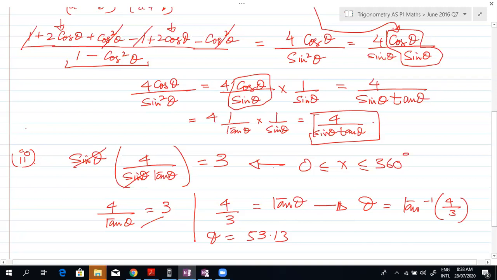Now remember, this tan equation is basically the positive equation. So we have tan as positive over here. So what do we do when we have tan positive?